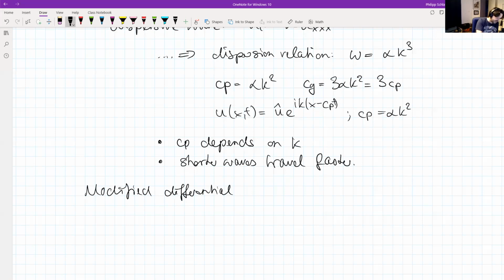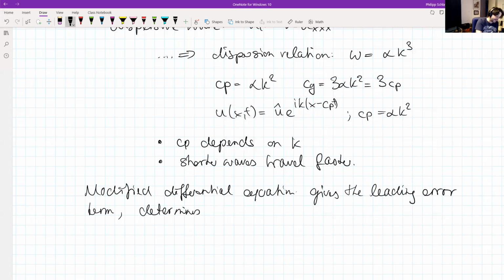The modified differential equation provides the leading error term, and this in turn determines or indicates the behavior of the solution.